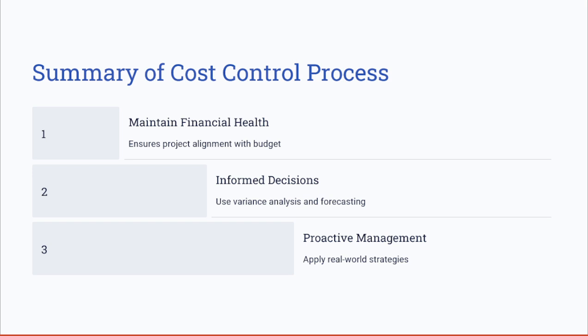Also, to maintain financial health and project alignment, we talked about techniques like variance analysis and forecasting, which drive informed decisions. We also looked at a real-world application, which highlights the importance of proactive cost management and the use of these tools and techniques to control your costs efficiently.